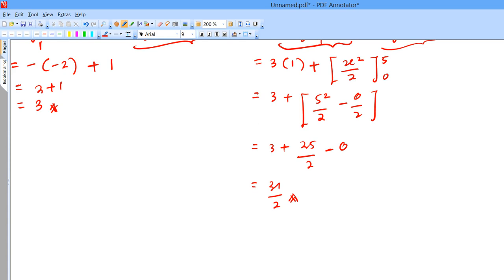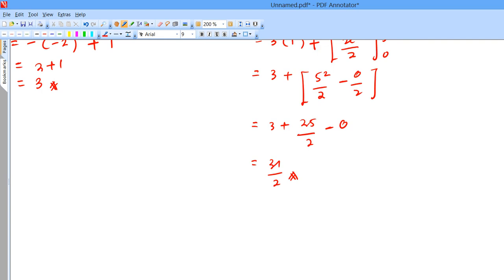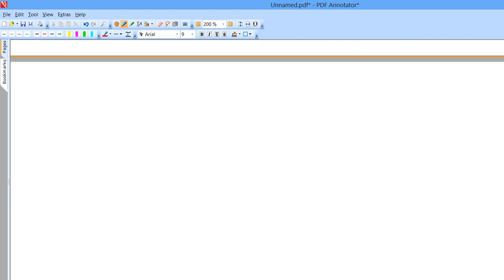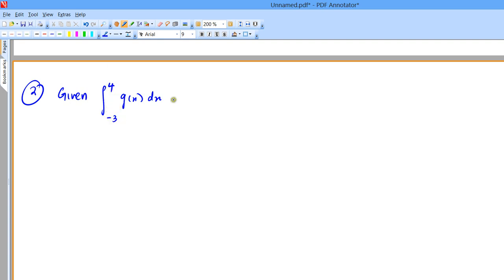Okay, next we move to the second example. Given the integral of g(x) dx from negative 3 to 4 equals 5 over 2, and the integral of g(x) dx from 1 to 4 equals negative 1.